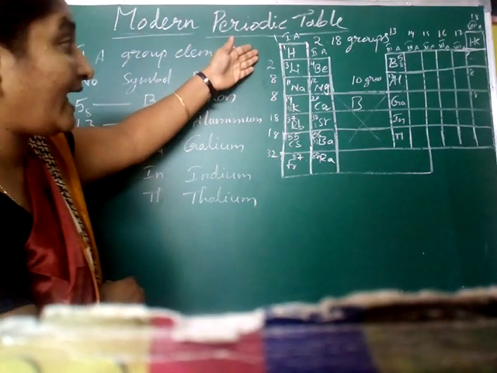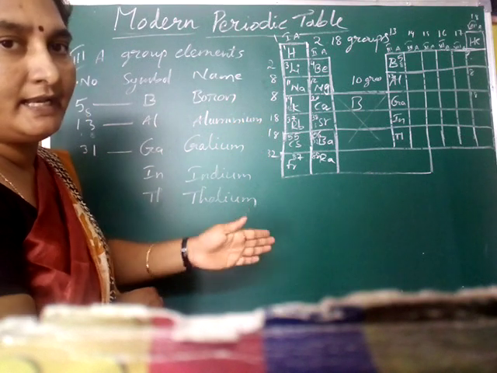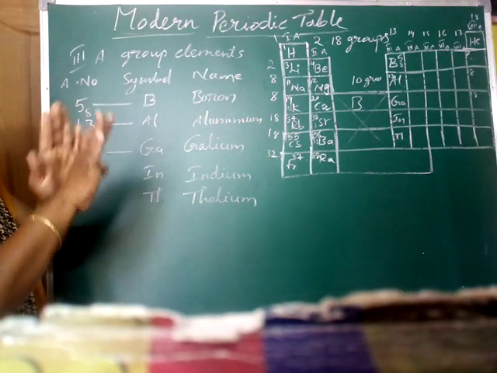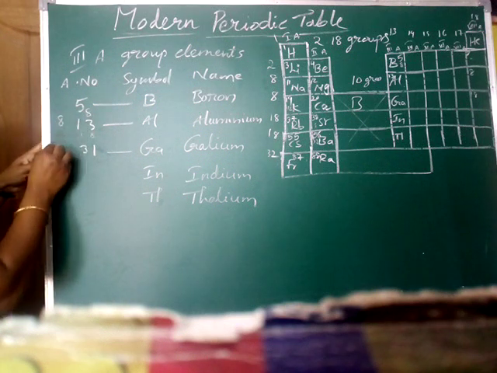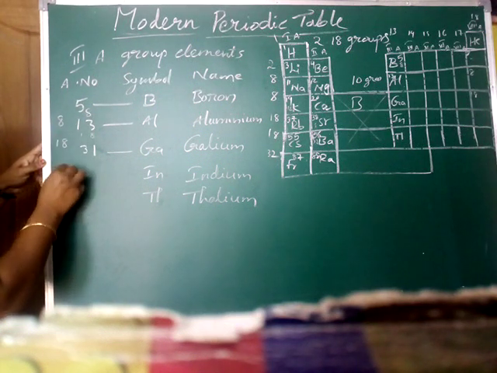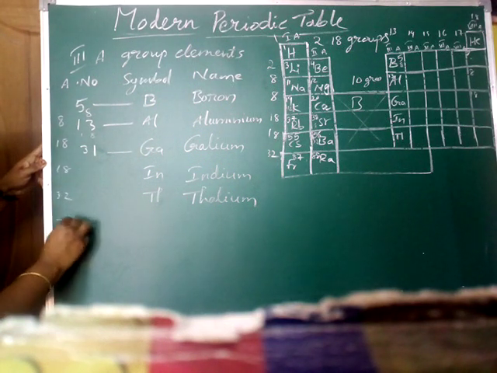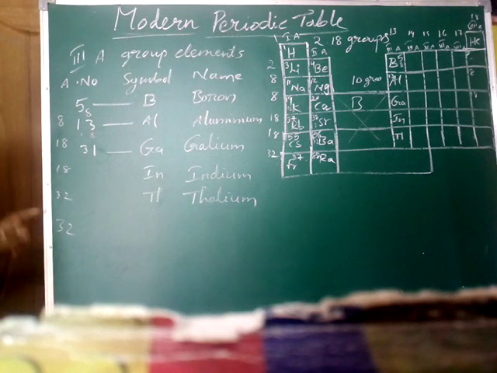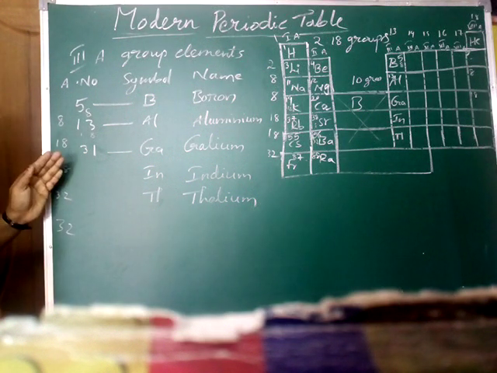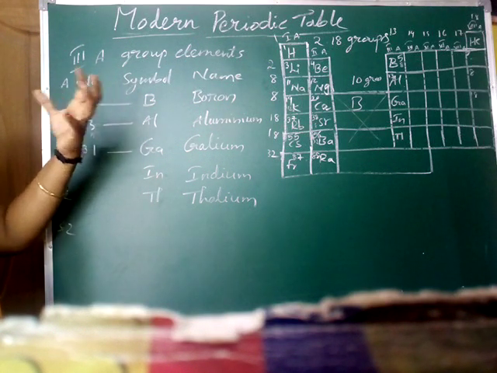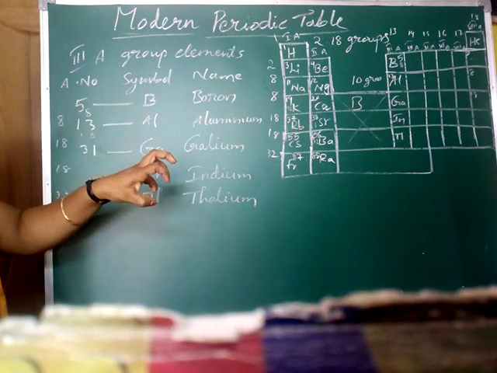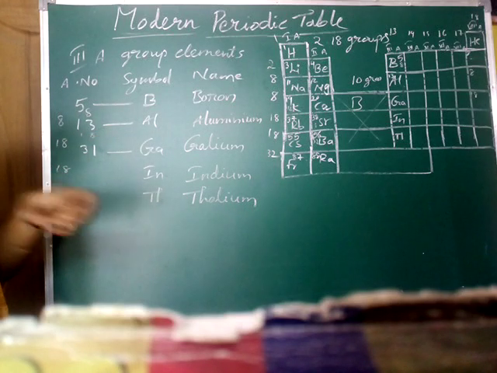See, don't take it like 2, 8, 8, 18, 18, 32 for P block elements. For P block elements you have to add 8, 18, 18, 32. Keep it in your mind. Don't get confused about the numbers when getting P block atomic numbers.